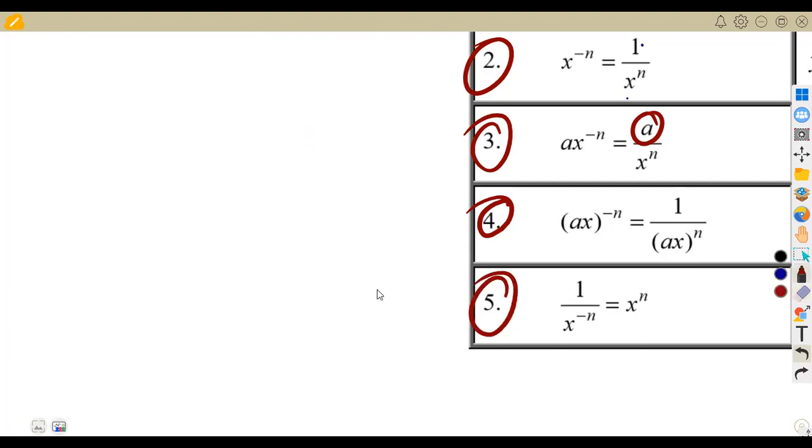Number 5, 1 over x to the exponent of negative n means x to the exponent of n. What does that mean? I can have a situation where I'm having a negative. Remember, we were having 1 over x to the exponent of n, which was positive n. Now we can have a situation where this term is carrying a negative.